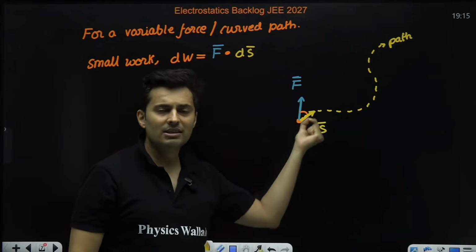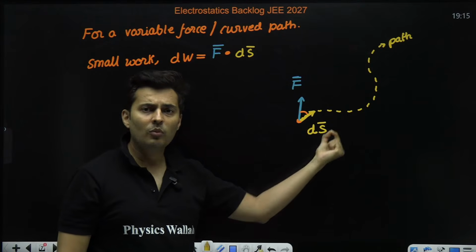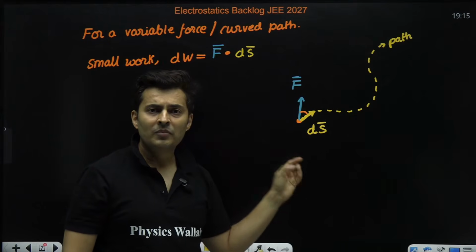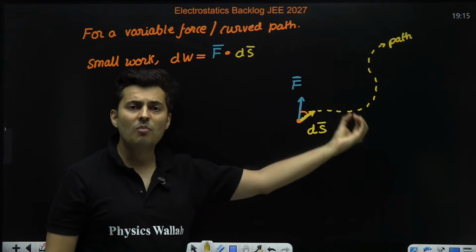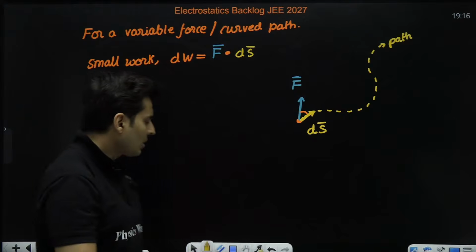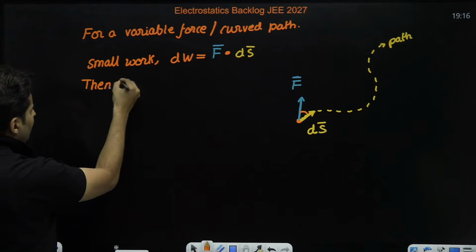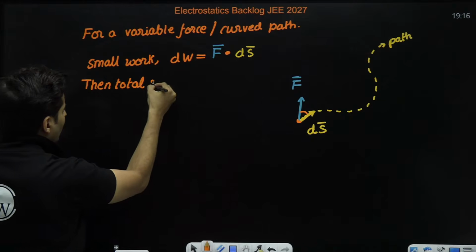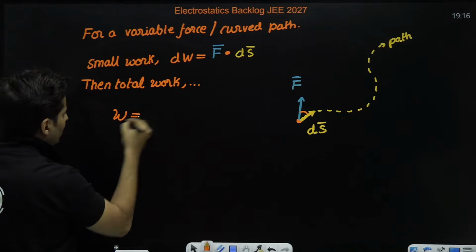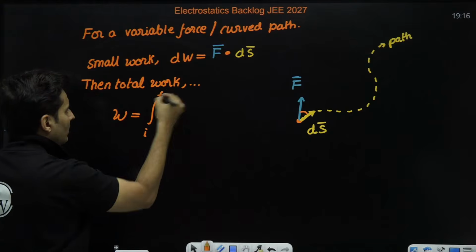So I move a very small displacement, maybe I do some 0.0005 joules. Then I move the next displacement, maybe I do 0.0067 joules. I keep on moving and I keep doing small joules. So in this entire path, I will add up all these small work done to get the net or the total work done. So the total work W is the integration of dW from my initial to the final location.